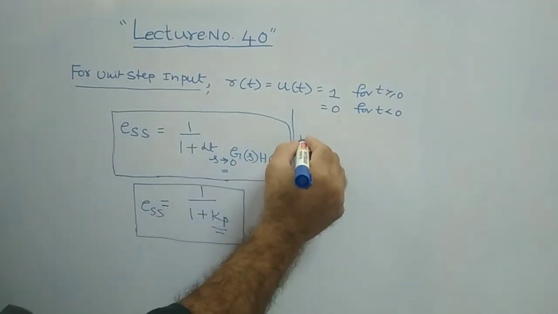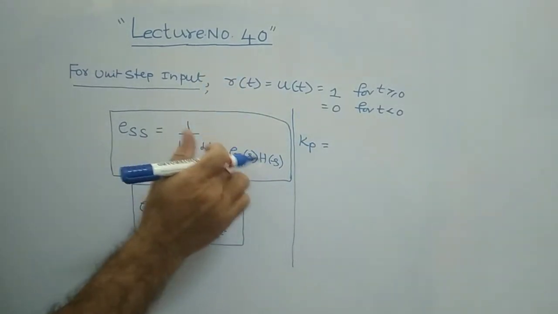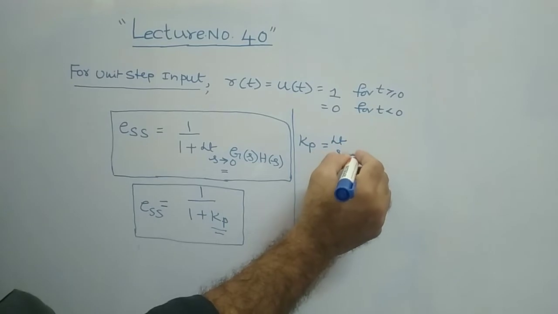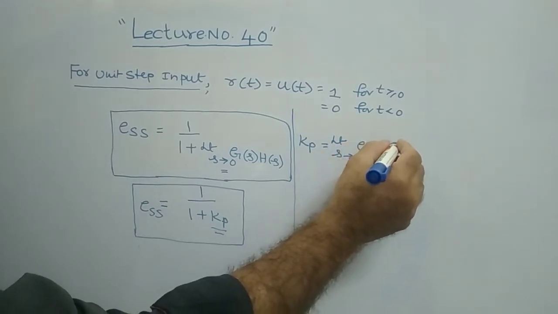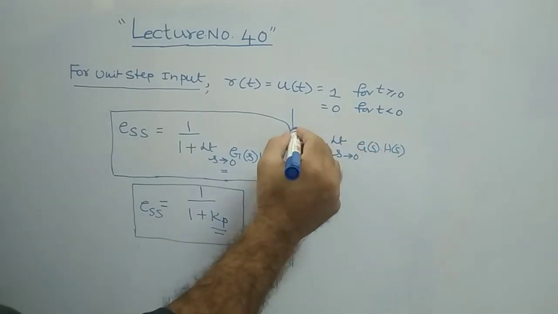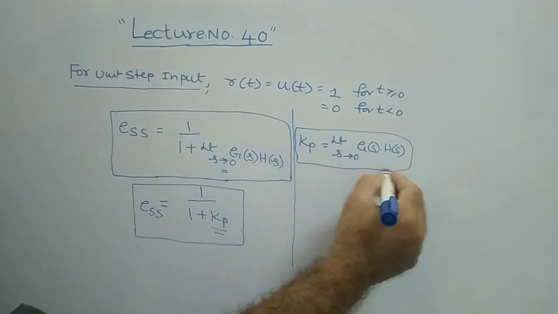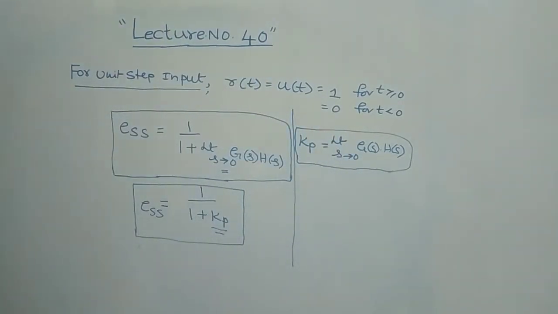Where this Kp is equal to limit s tends to 0, G(s) H(s). This is your Kp. What is Kp? Sorry, it is the positional error constant.